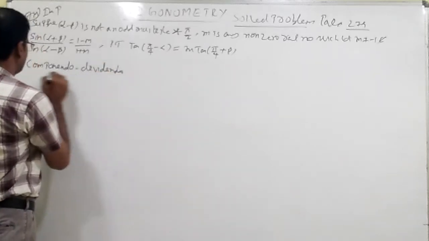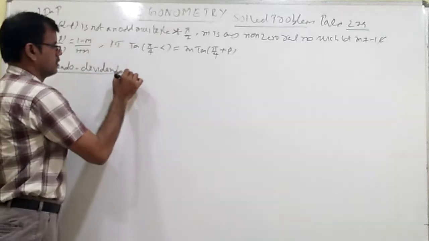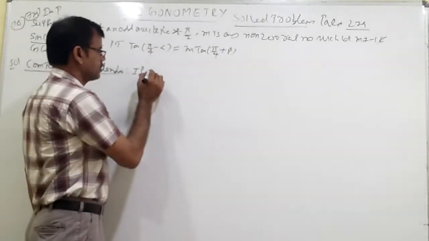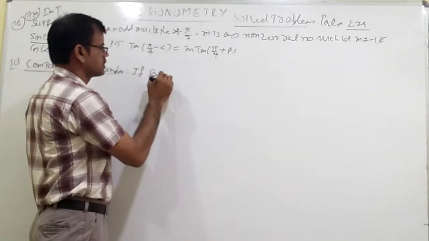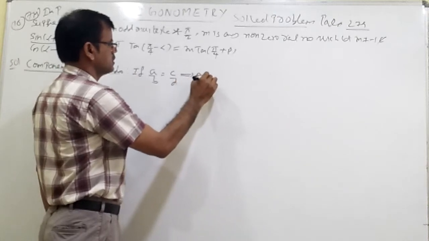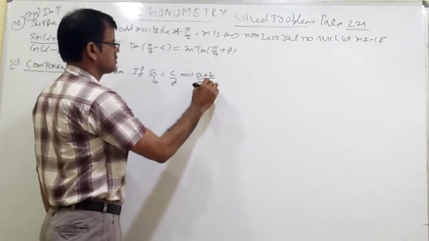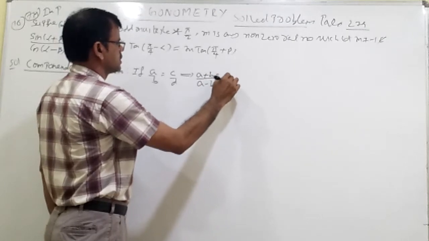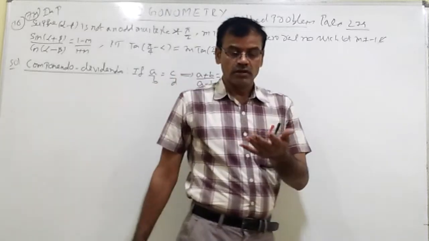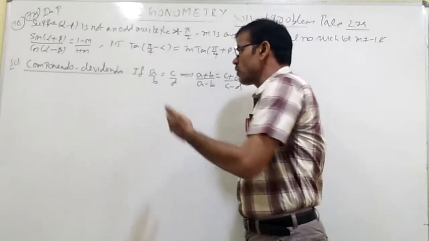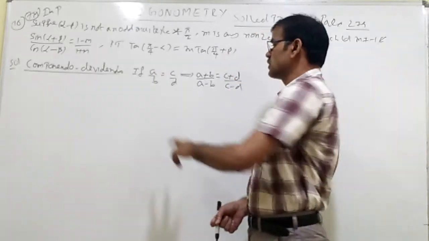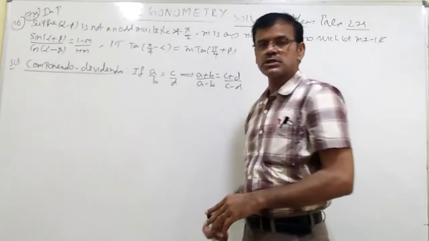The concept of componendo and dividendo is: if A by B is equal to C by D, that implies A plus B by A minus B is equal to C plus D by C minus D. That's all. If two fractions are equal, they are in proportion.